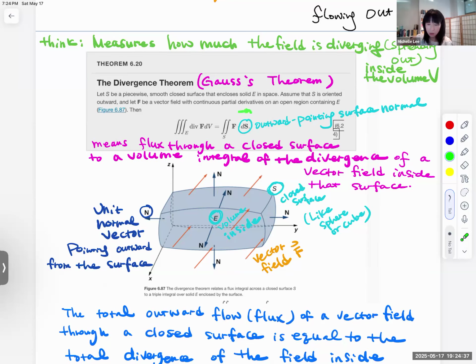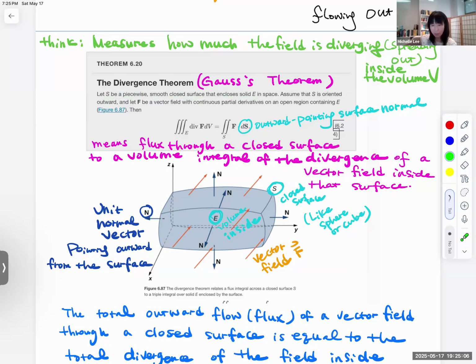This one comes from the surface integral formula, where dS is the outward pointing surface normal. Then we have a triple integral again. S is a piecewise smooth closed surface that encloses solid E in space.